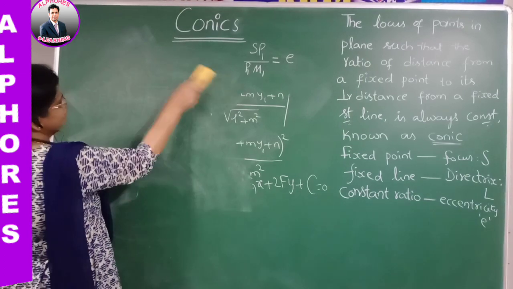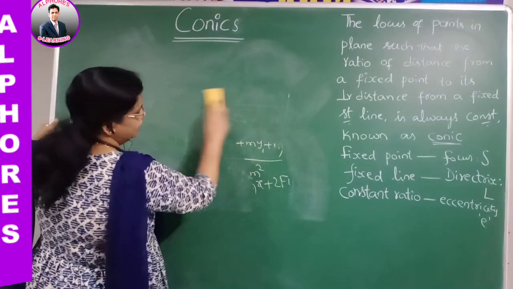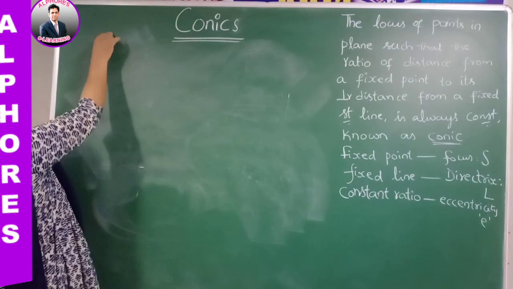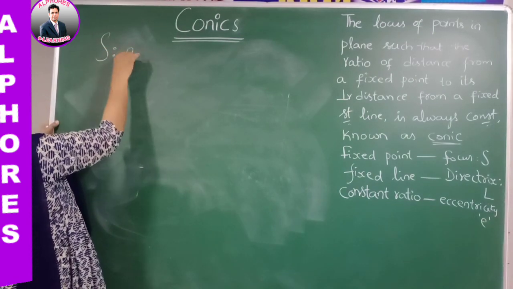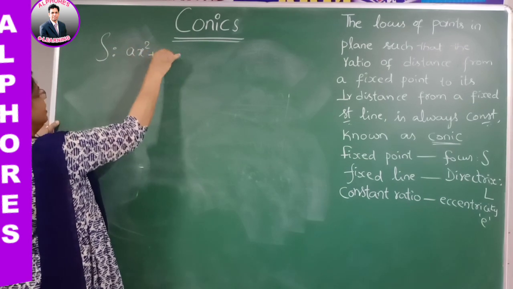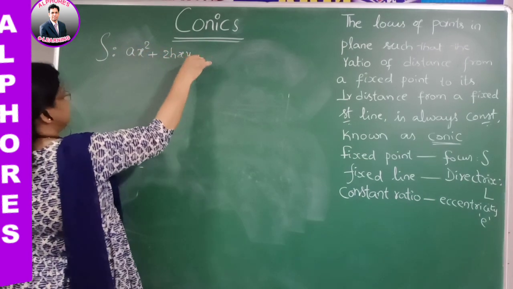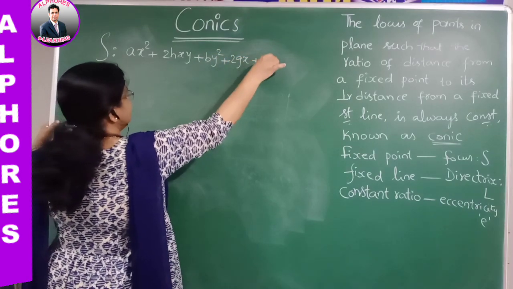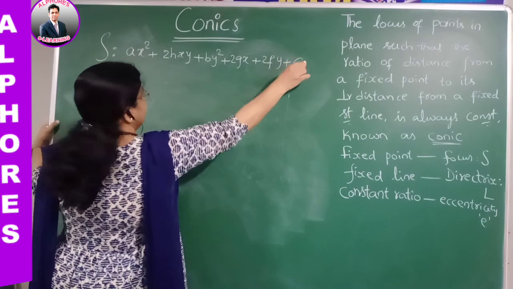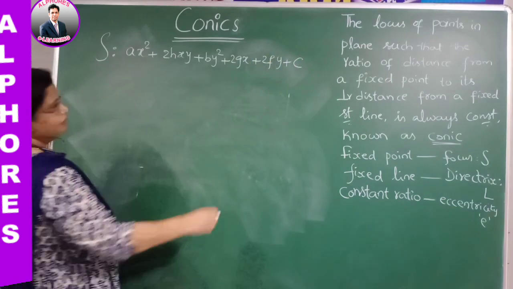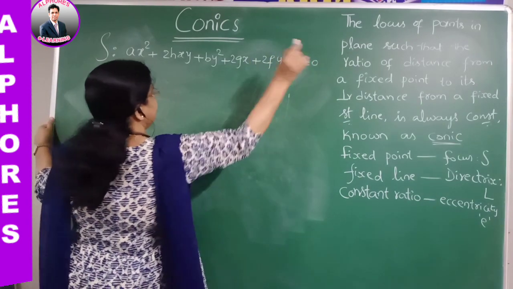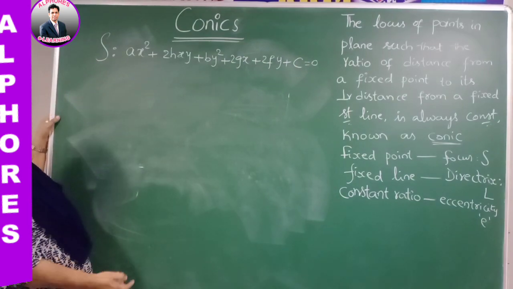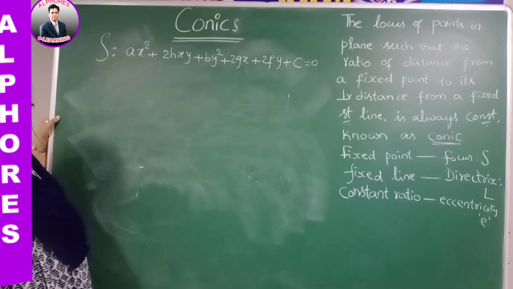So finally let us observe the equation of a conic, that is a second degree equation in x, y. Let us represent it as S. I am writing it as ax square plus 2hxy plus by square plus 2gx plus 2fy plus c equal to 0. Okay. Now under what conditions can we say this represents a conic?